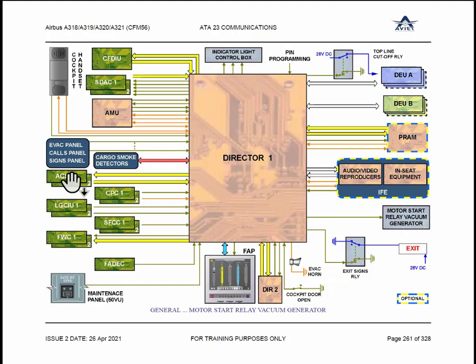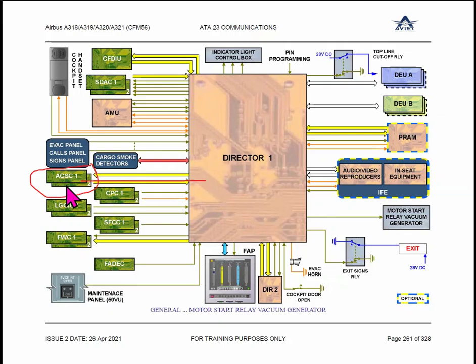Here, additional interface is ACSC. Why is it additional? Because cabin crew can control the temperature by plus minus 2.5 degree. So director needs to know what is the cockpit setting. So that will come from ACSC.